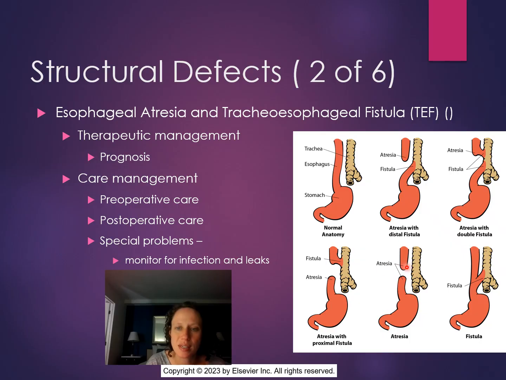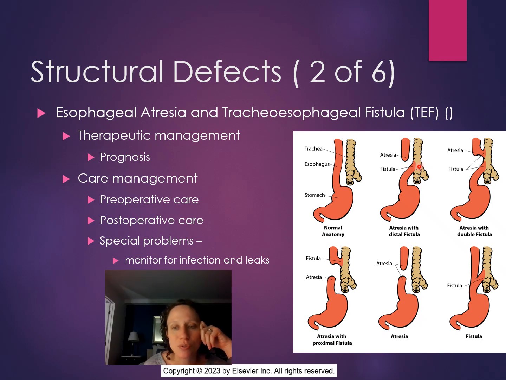And so you can see how it's going to depend on whether it is going down to their stomach or completely cut off like this one, and how extensive the signs and symptoms are. But you can imagine why that would immediately have an effect on their respiratory system, right? Afterwards, they can have special problems.